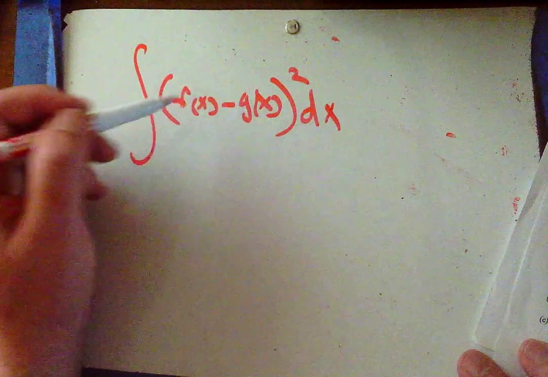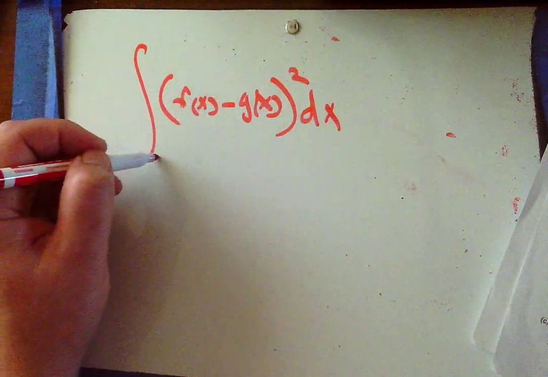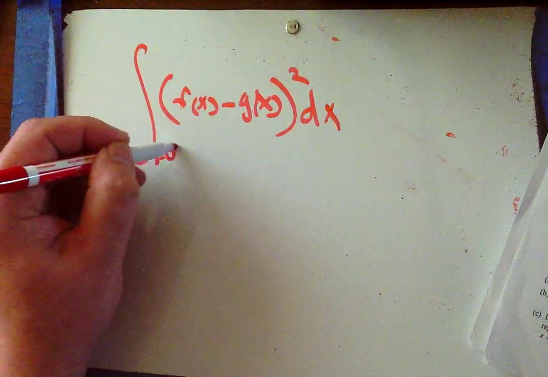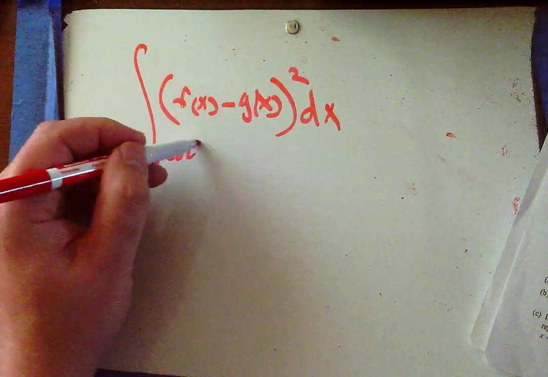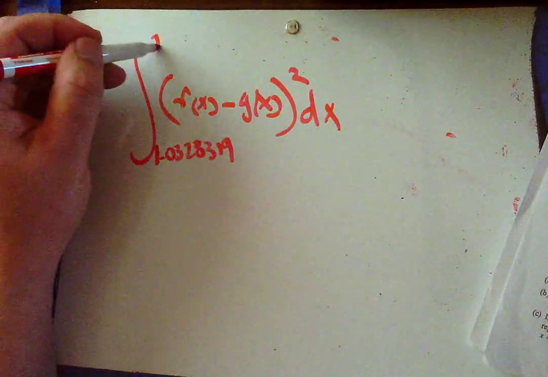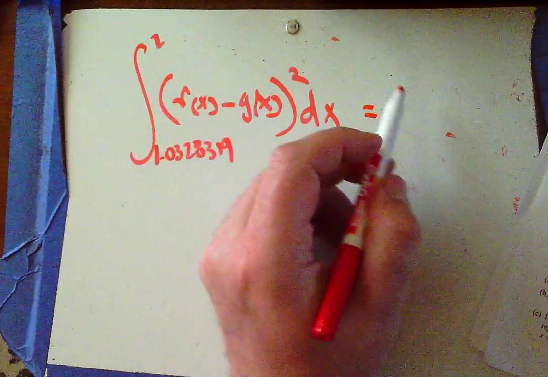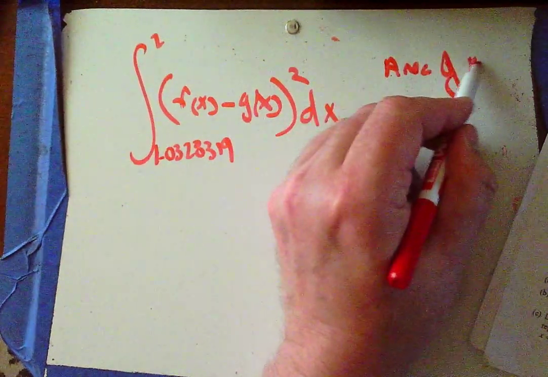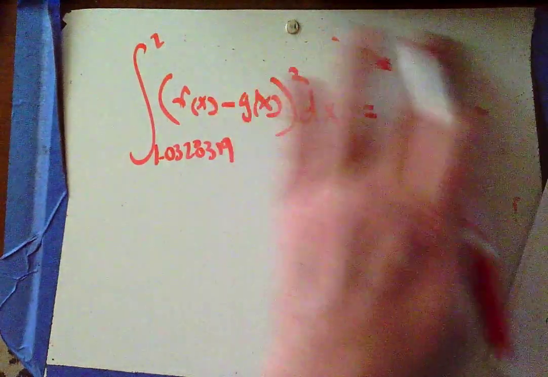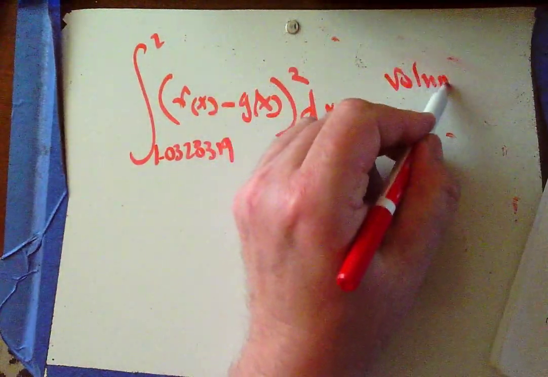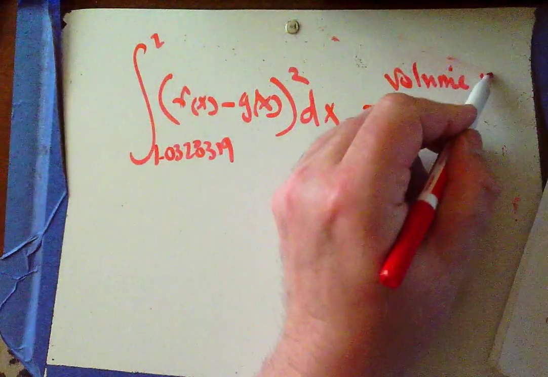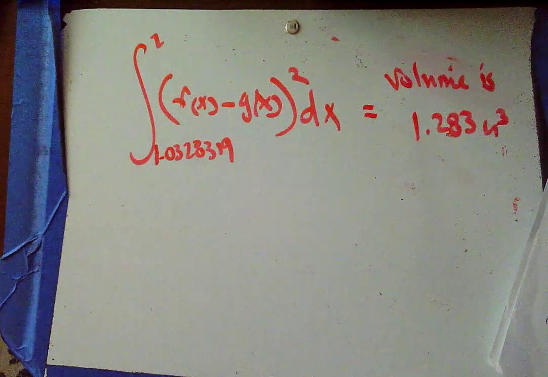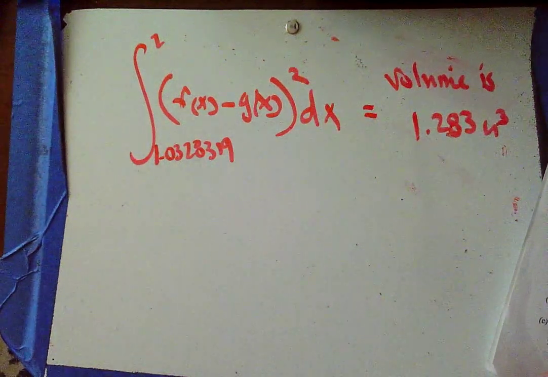So I'm integrating area from, what was that x value? 1.0328319 out to 2. And when I integrate this with the calculator, I get the volume is 1.283 meters cubed.